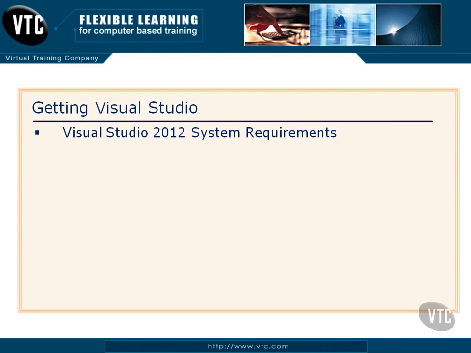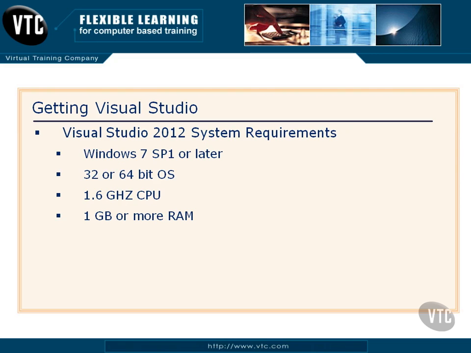And then notice the Visual Studio 2012 system requirements. You need Windows 7 Service Pack 1 or later. Then that goes all the way up through Windows 8, the server operating systems, and so forth. Same thing, 32 or 64-bit OS, no problem. You do need a 1.6 gigahertz CPU or better. Pay close attention to the or better there. You'll need 1 gigabyte or more of RAM. Pay close attention to the or more part. The more RAM, the better.